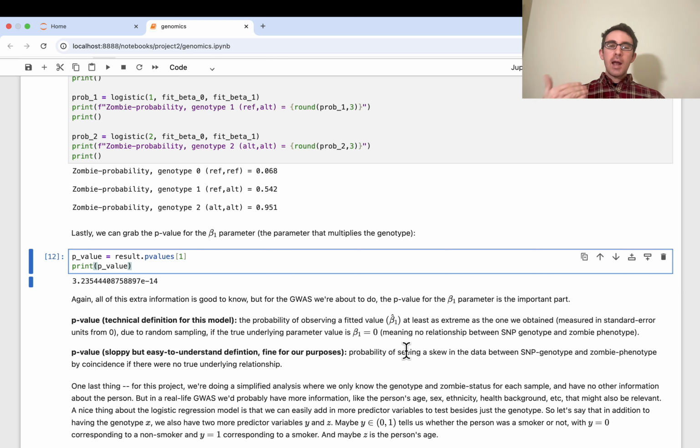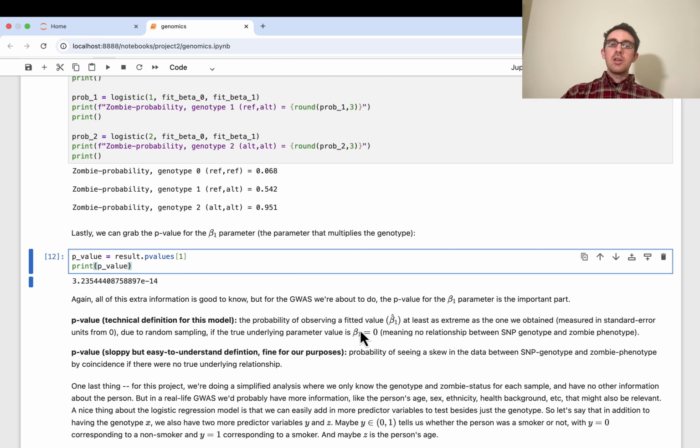So that's the technical definition of the p-value for the beta 1 parameter in the logistic regression model. Again, if the true underlying value of beta 1 were 0, that would mean there's no underlying relationship between the SNP genotype and the probability that someone with the SNP genotype is a zombie.